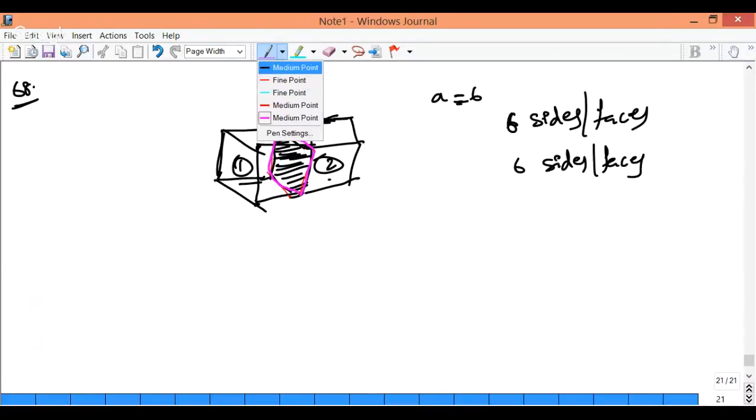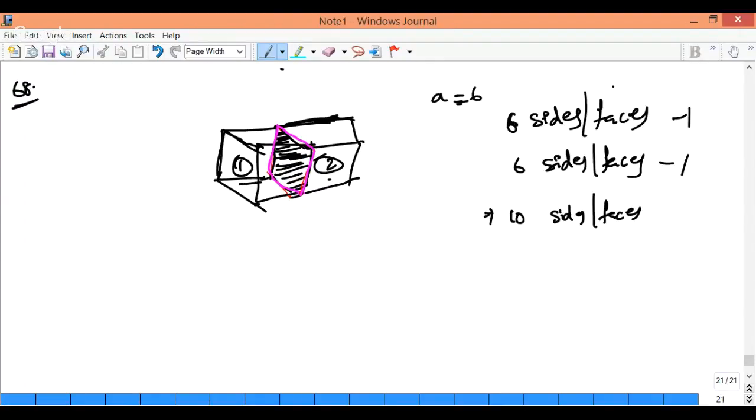Now the two sides will not come under the surface area of the joint rectangular parallelepiped. They are inside. Now how many sides are left over here? Here minus 1 and here minus 1. In total we are left over with 10 faces, and A is given 6.